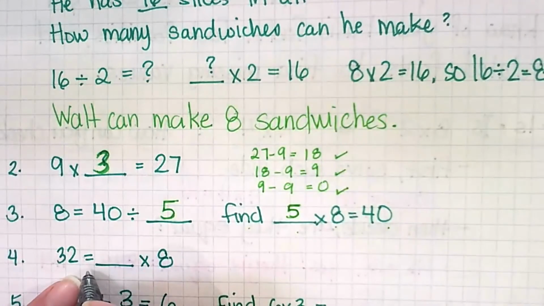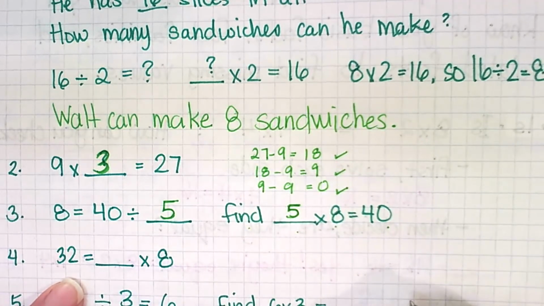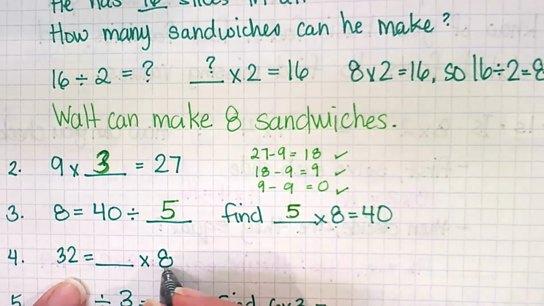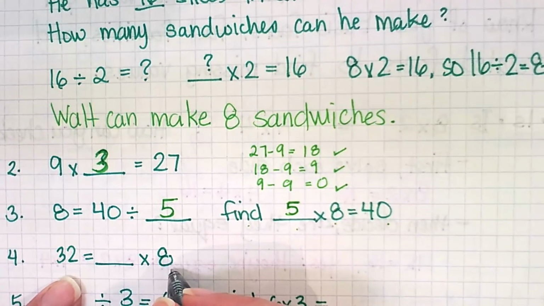Now here I know that 32 is equal to something times 8. So 8 times what number is equal to 32? I can use my facts to see if I can figure it out. 8 times 1 is 8. 8 times 2 is 16. 8 times 3 is 24. And then 8 times 4 is going to be 32.